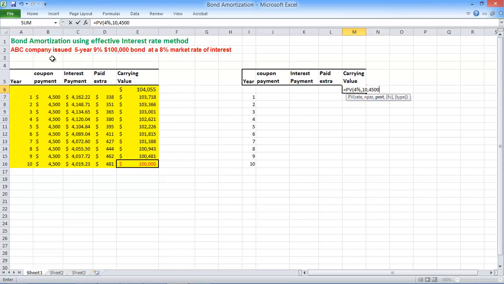How did we get that? Because ABC company issued a 5-year 9% coupon. So this 9% is our coupon payment. We're paying every year $4,500, and that's how you get it. And then at the end of year 10, you have to pay back the face value, which is 100,000.